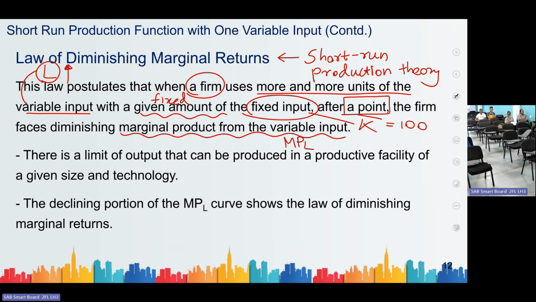When a firm increases its labor input with a given amount of capital input, there is one particular point after which the marginal product of labor is decreasing.